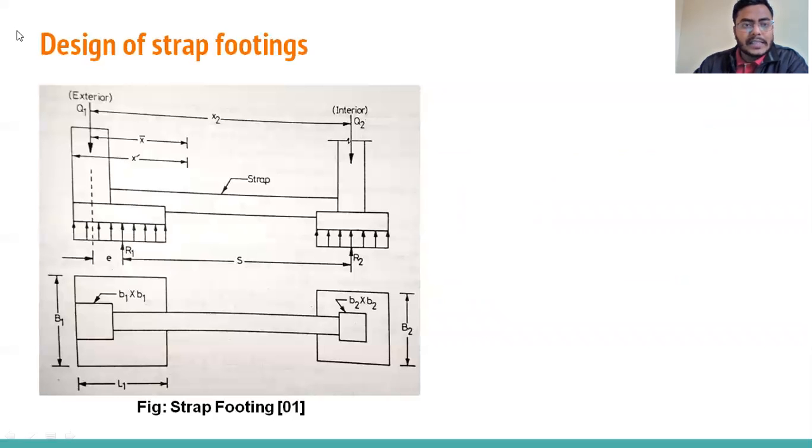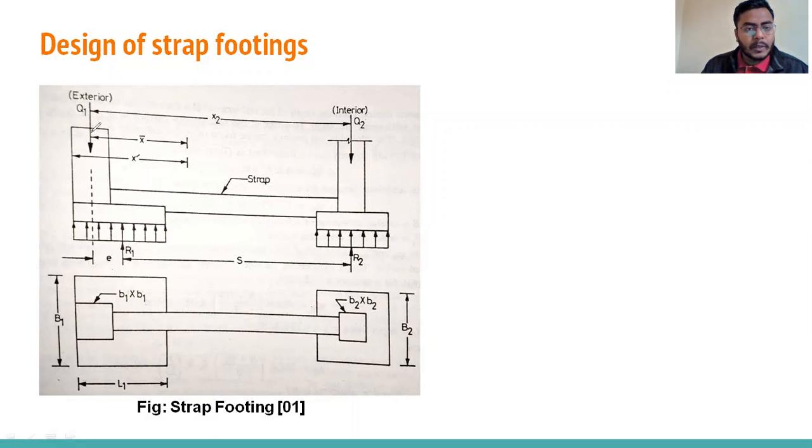In this figure, you can see most of the notation we already know: Q1, Q2, X2, X dash, X bar. This is the strap. Here you can see R1 and R2. What are these? These are the resultant reactions below the isolated footing or split footing.